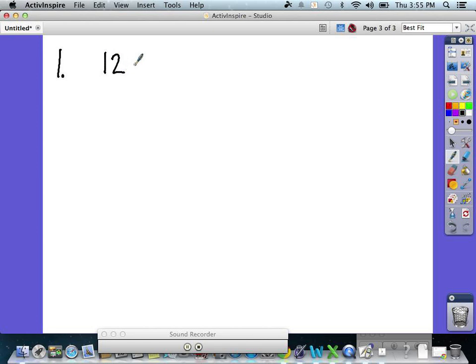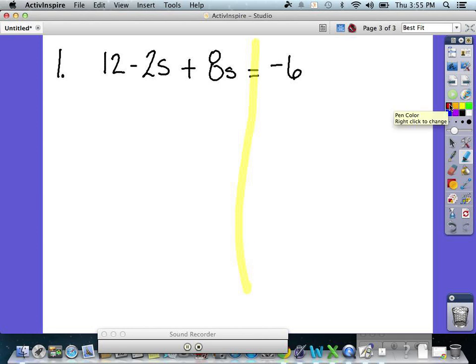12 minus 2s plus 8s equals negative 6. The first thing that I'm going to do is divide my equation at the equal sign. Now I'm going to use that second tip that I gave you because we don't have any parentheses.